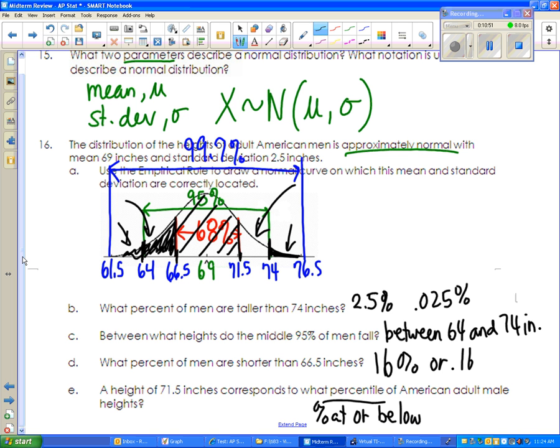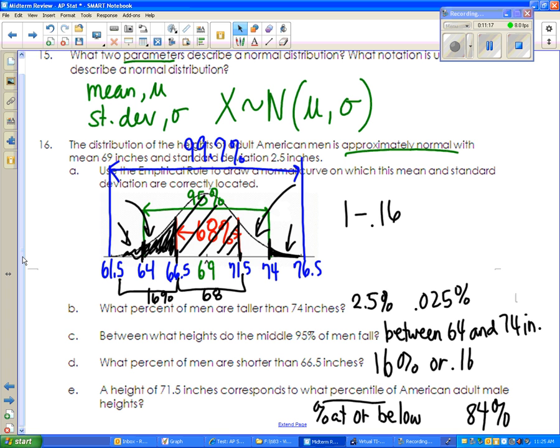So the easiest way to do it would actually be 1 minus 16%. And so that's going to give you 84%. Another way to think of that is we already know that this is 68, and we also found out that this percent is 16. So if you add them together, that's going to give you 84%.